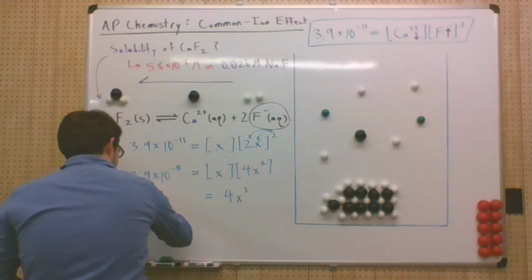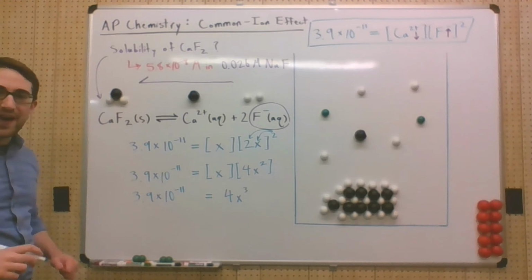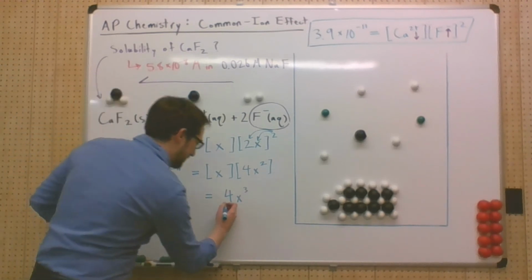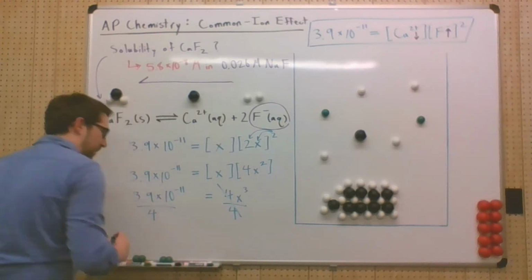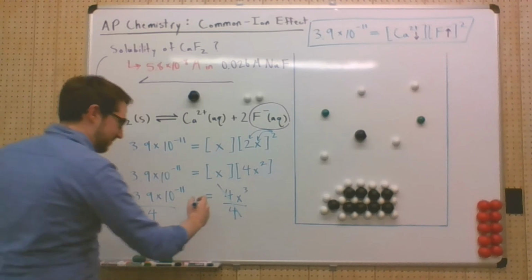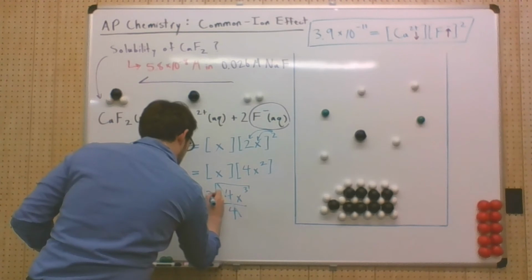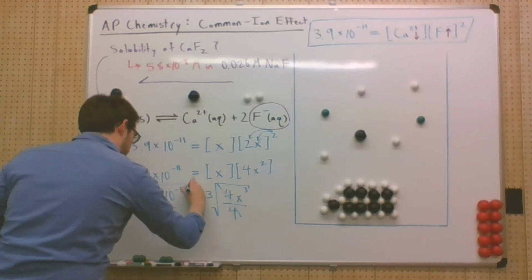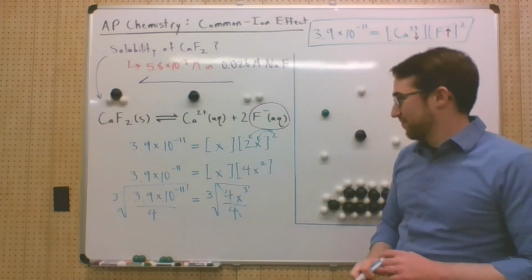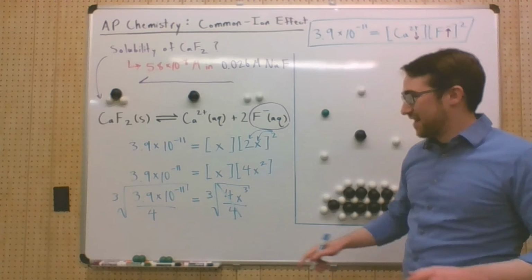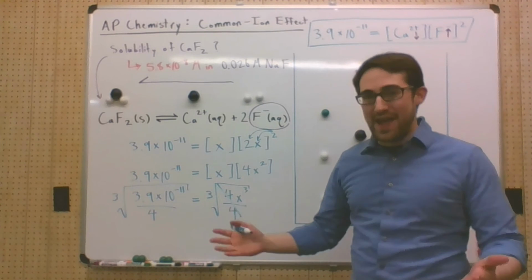Drop this down. If I divide both sides by 4, and cube root both sides, I should get my answer. So 3.9 times 10 to the negative 11th divided by 4, and then all of that cube rooted, I should just be left with x over here.